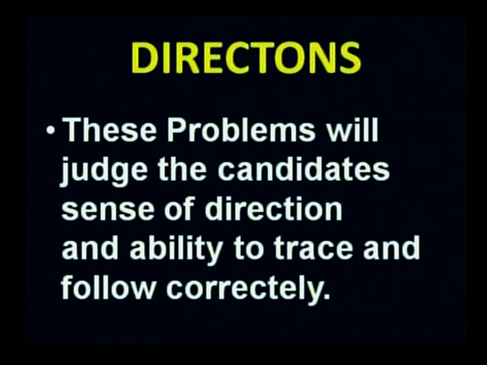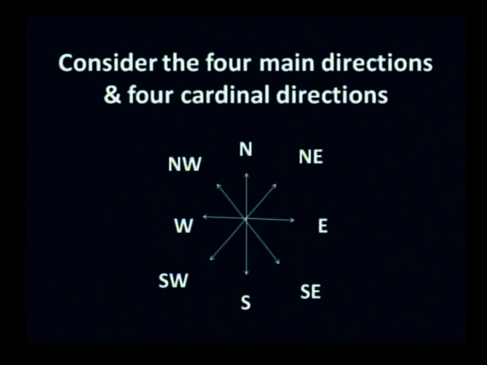Directions, immediately you should be able to understand that you have 4 main directions and 4 cardinal directions. What are the 4 main directions? Say supposing from south, if you are going forward you will be going to north, and from south if you are going towards your right you will be reaching east, and if you are going towards your left you will be reaching west.